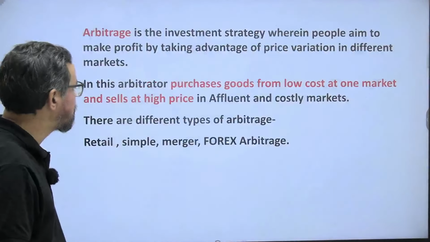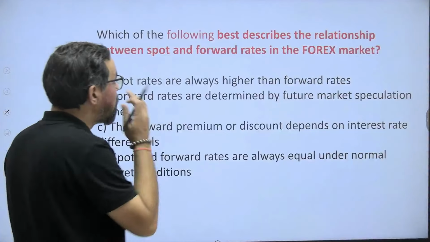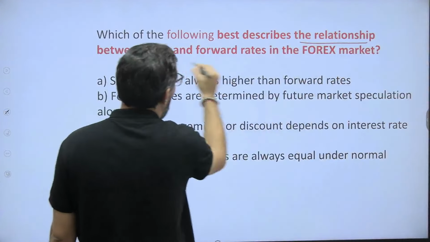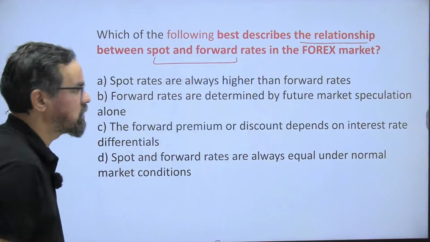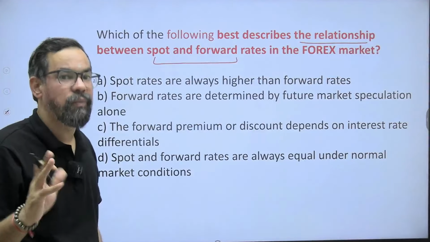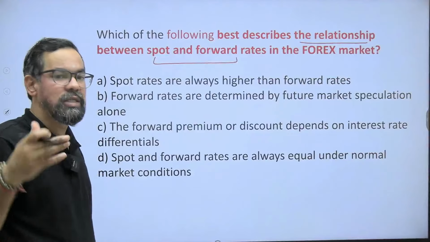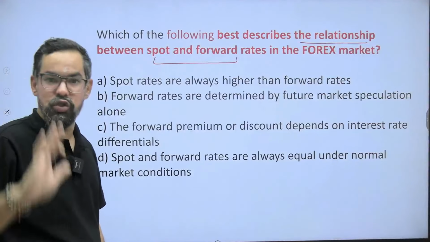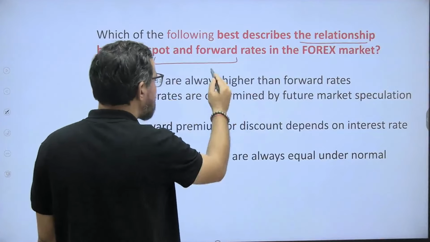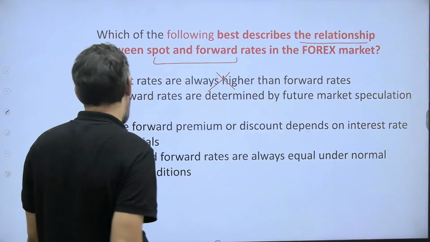Next one, guys. Which of the following best describes the relationship between spot and forward rate in the forex market? So spot gets settled within T plus 2 or on T plus 2. Forward is when settlement takes place post spot date. So spot rate always higher than, you cannot say always higher. There is a case of discount also.